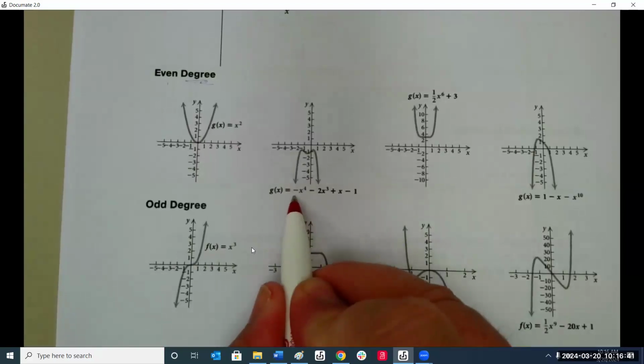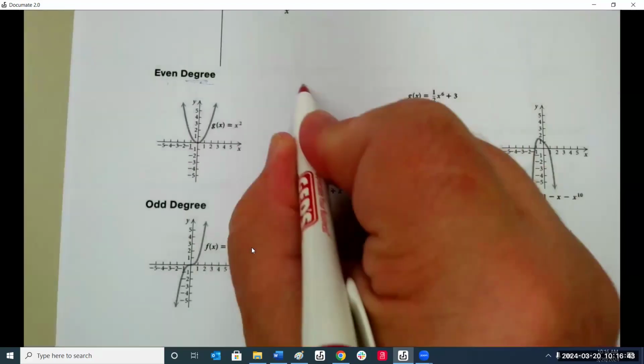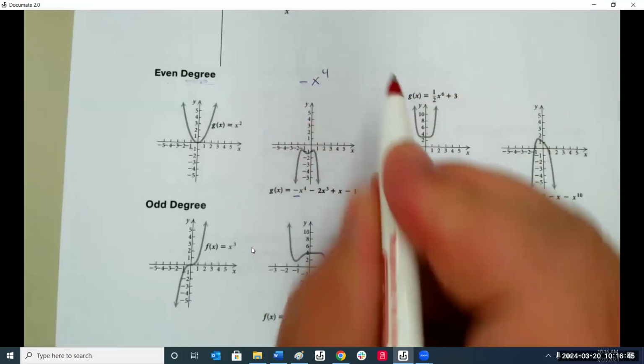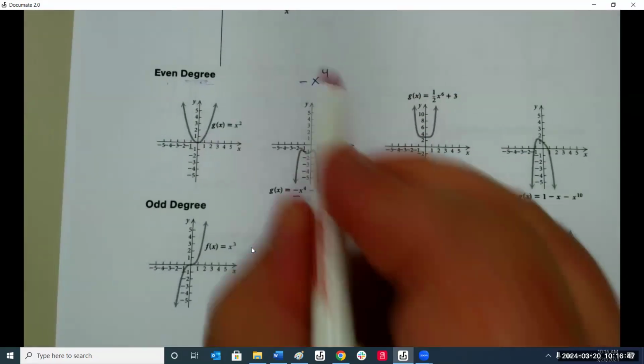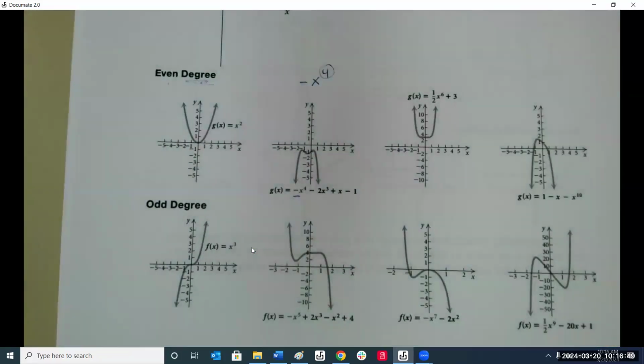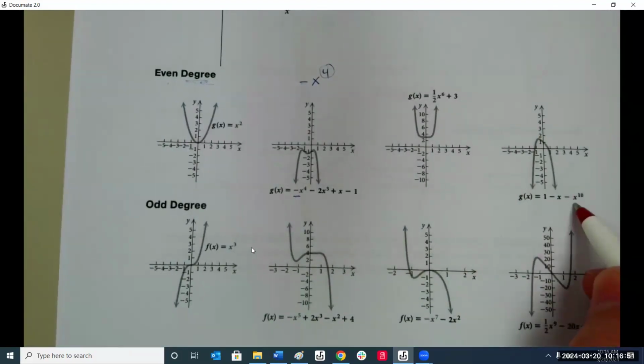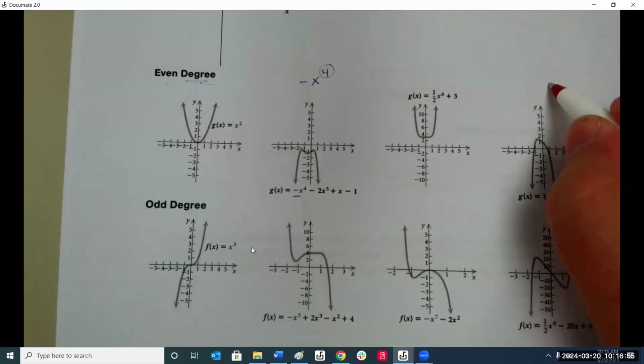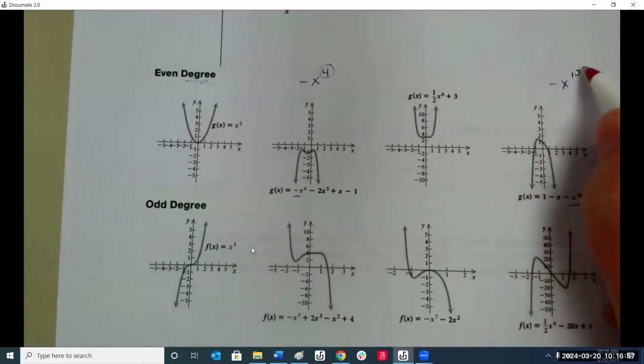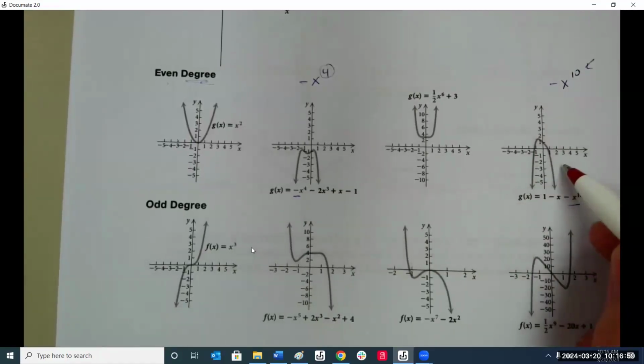So if you look at this one, the leading term is negative x to the fourth, so it points down and they both point the same direction. The largest one here is negative x to the 10th. It's an even degree, so they both point the same direction. It points down.